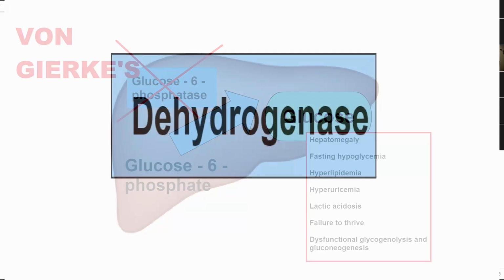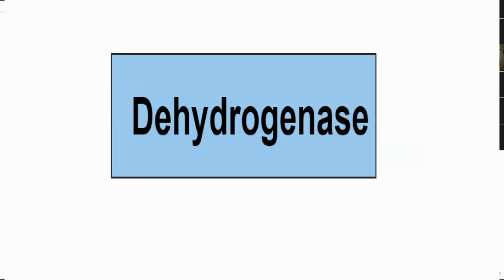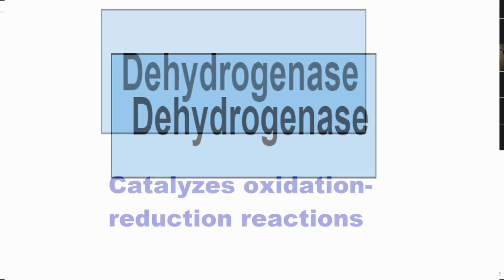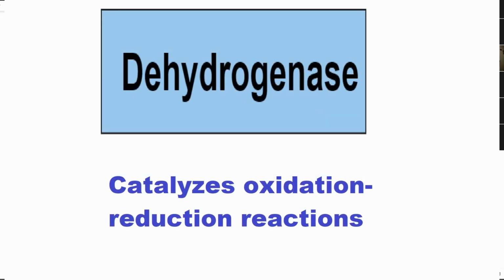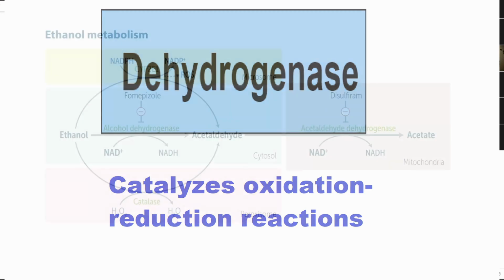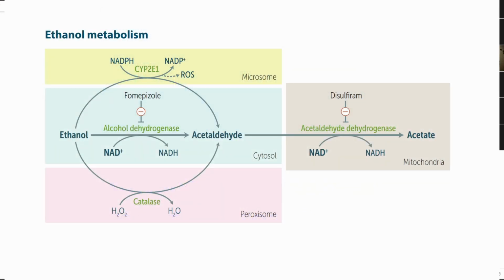Now, next one, dehydrogenase. We can naturally see this in a reaction that we're going to talk a lot about, which is ethanol. When you're breaking down alcohol, ethanol, you have a dehydrogenase reaction. So what is a dehydrogenase reaction? It's going to be involved with oxidation-reduction, redox.